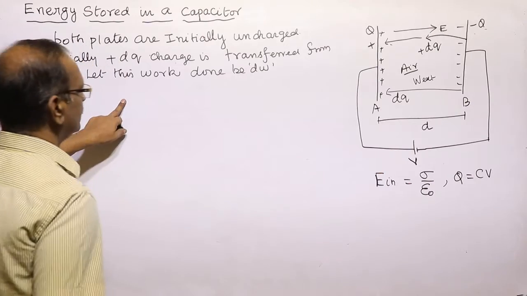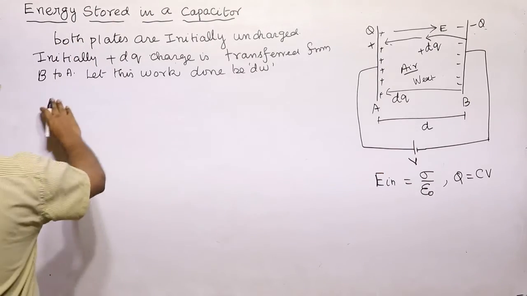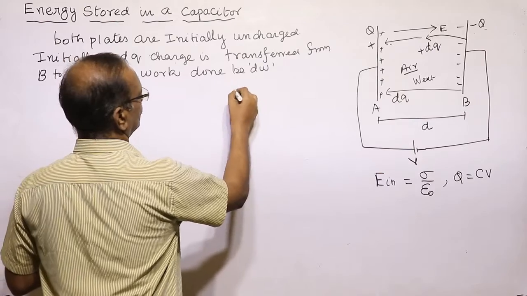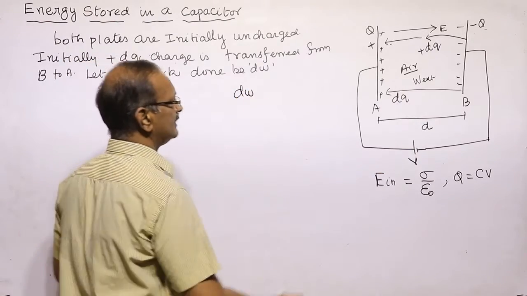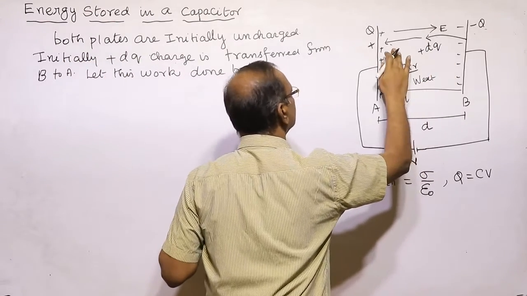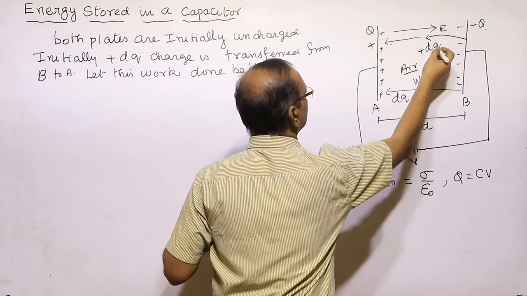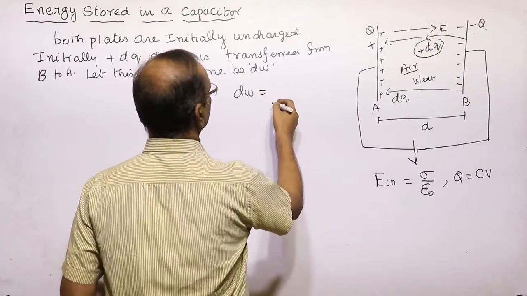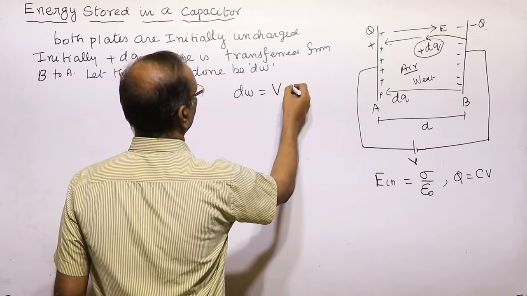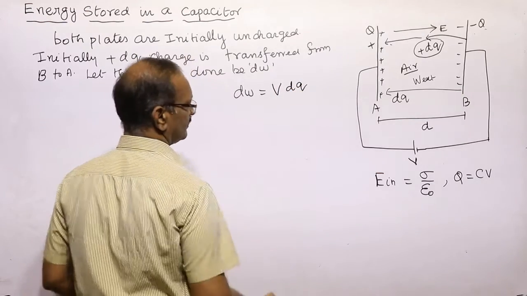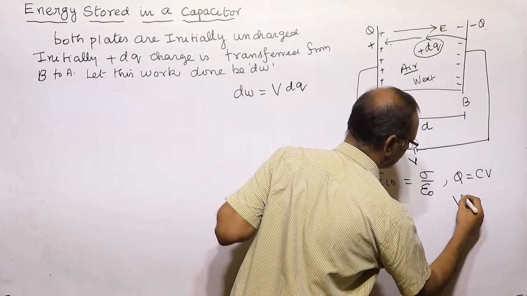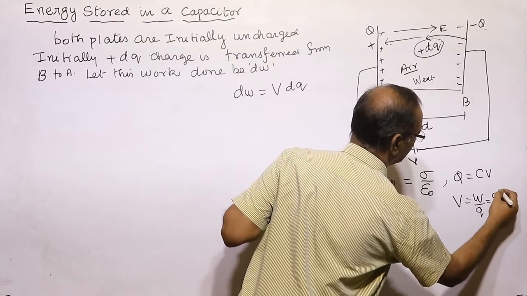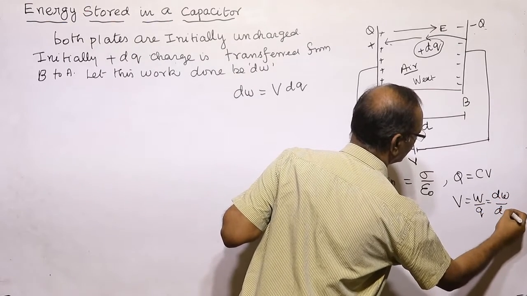Now a small amount of work is done. What is dW? It is the small work done in shifting a small positive charge from here to here. dW is equal to V into dq, because potential is equal to W by charge, or dW by dq.